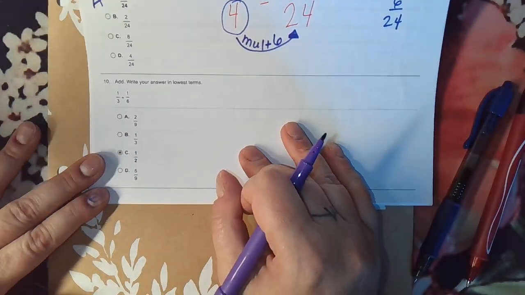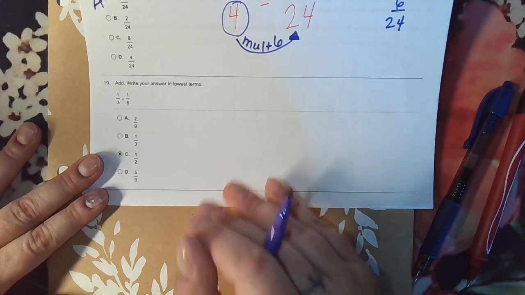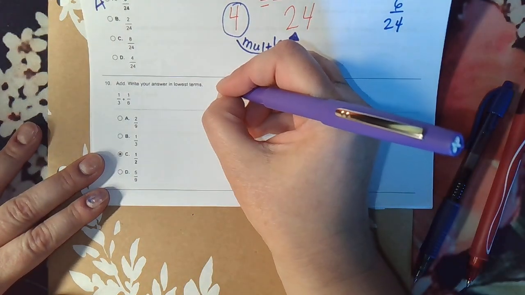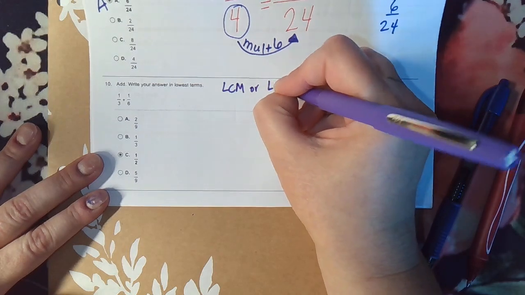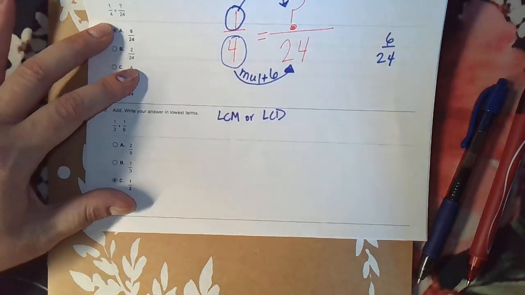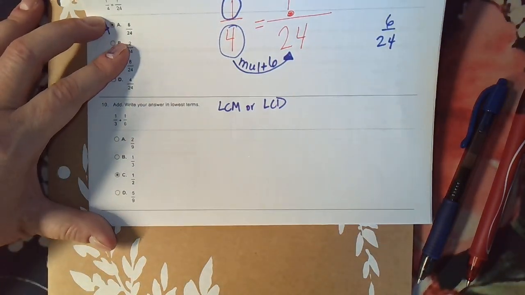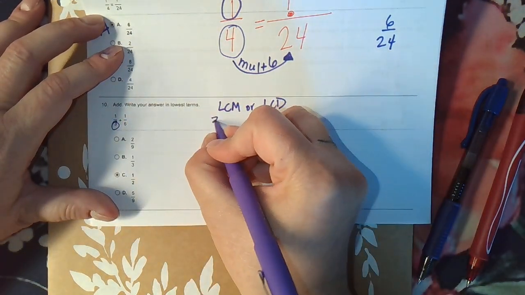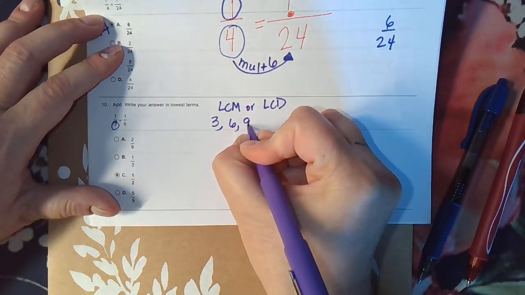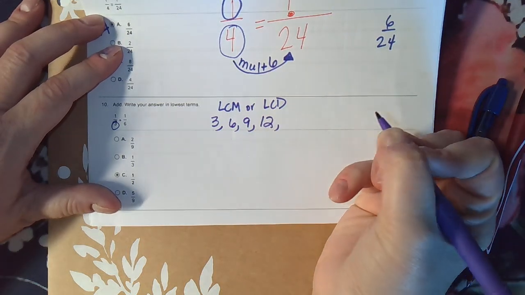It says add. Write your answer in lowest terms. First we have to come up with our LCM or LCD, either way. So let's come up with the multiplication facts of the denominators. I see a 3, so let me come up with some multiplication facts of 3.